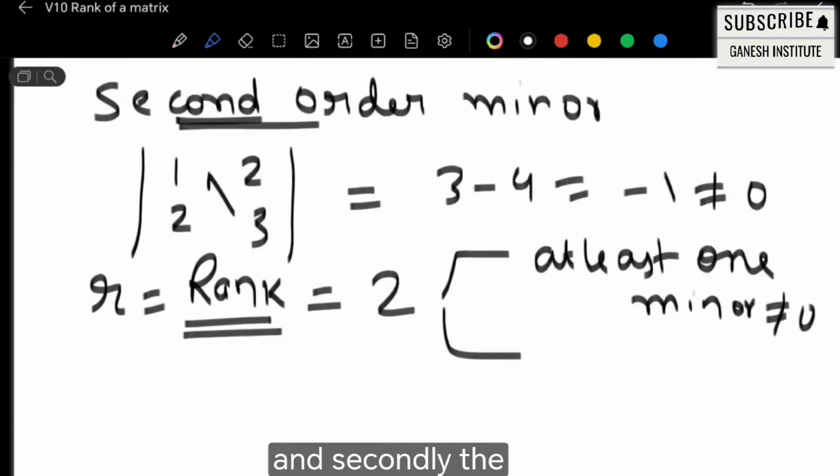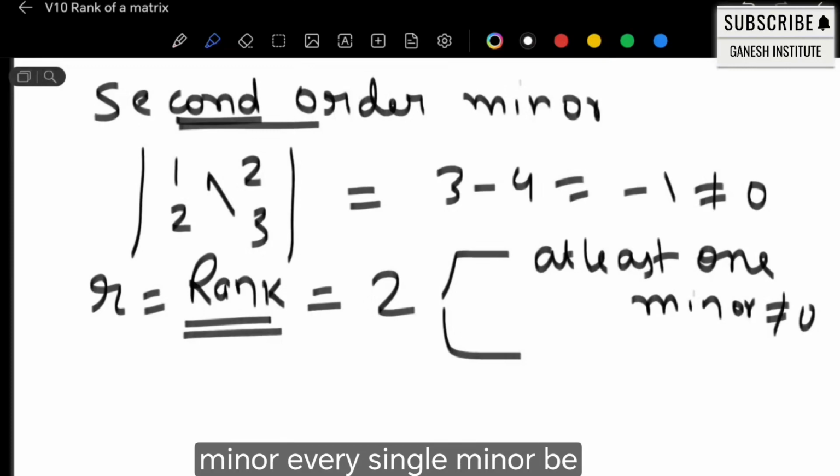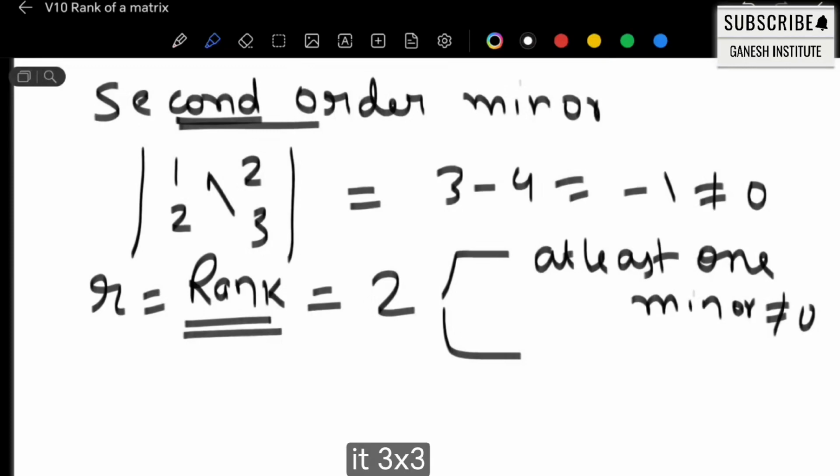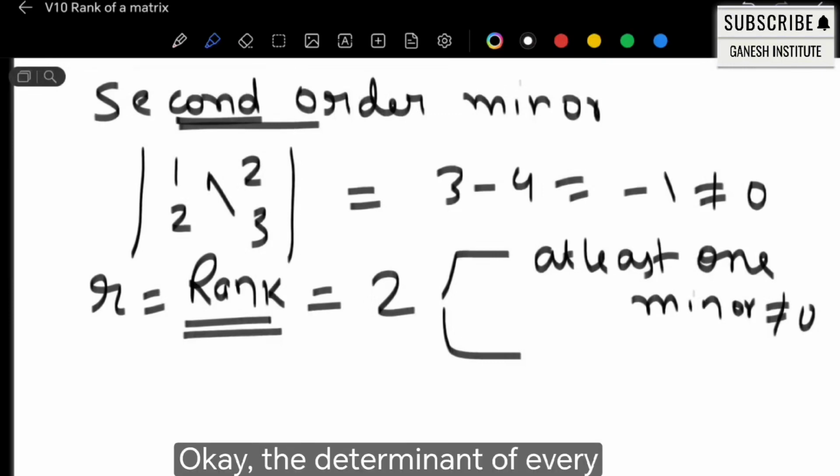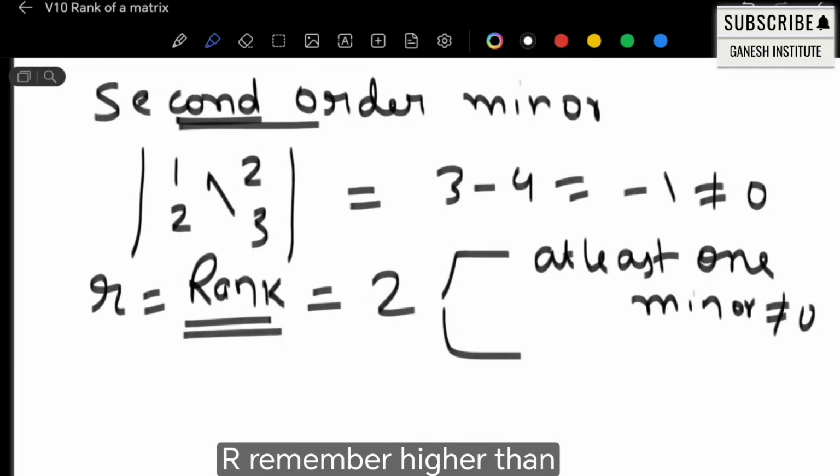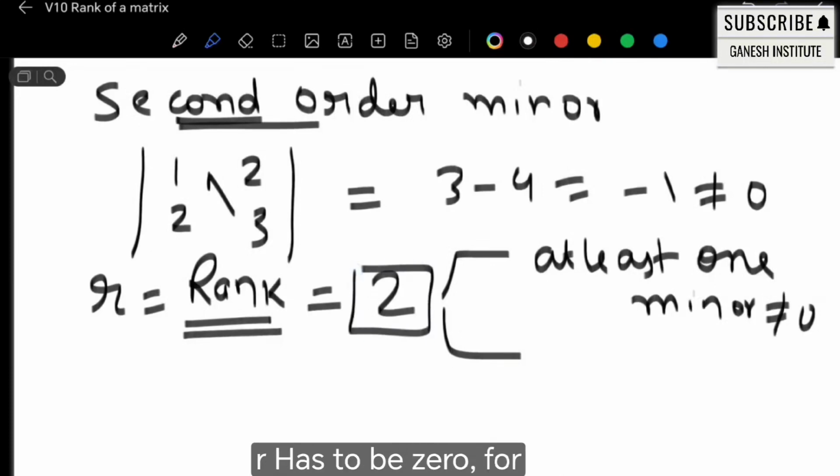And secondly, the determinant of every minor, every single minor, be it 3 by 3, 2 by 2, of order higher than R, remember, higher than R, has to be 0.